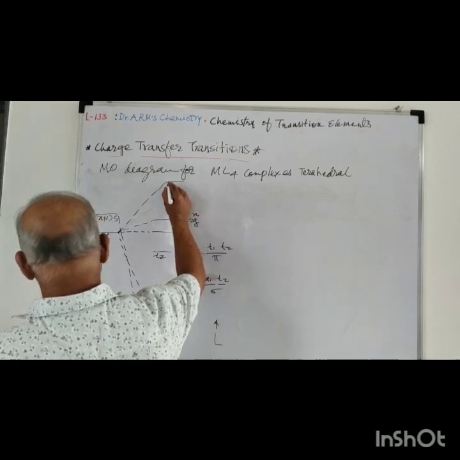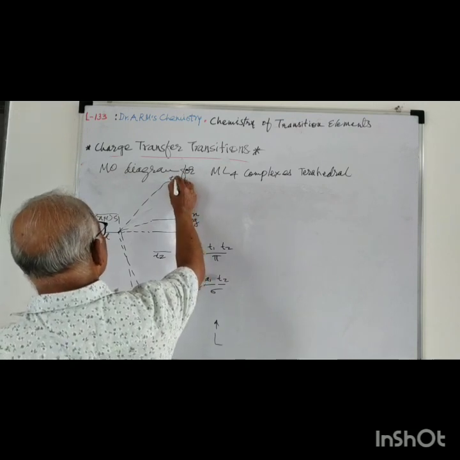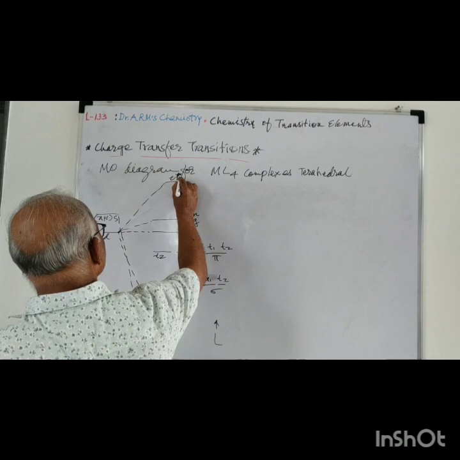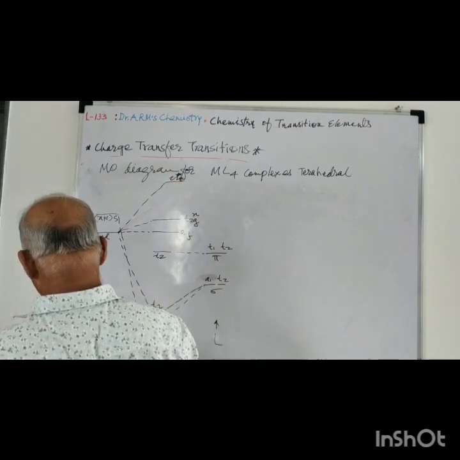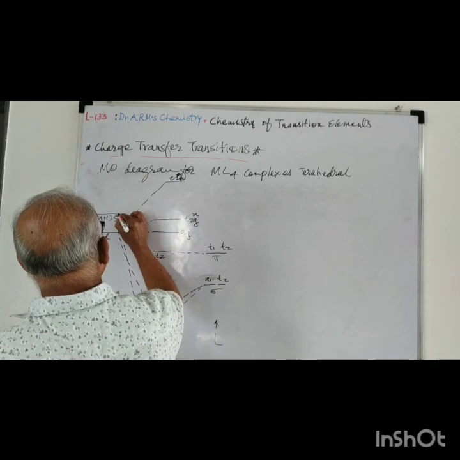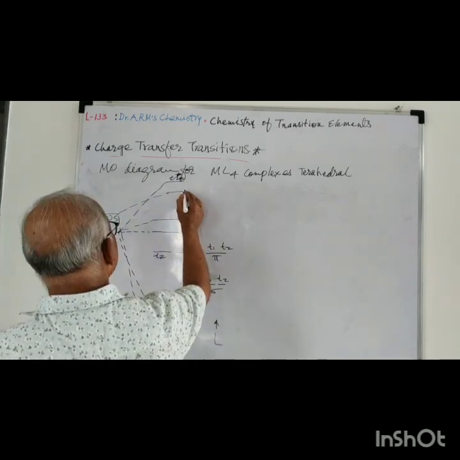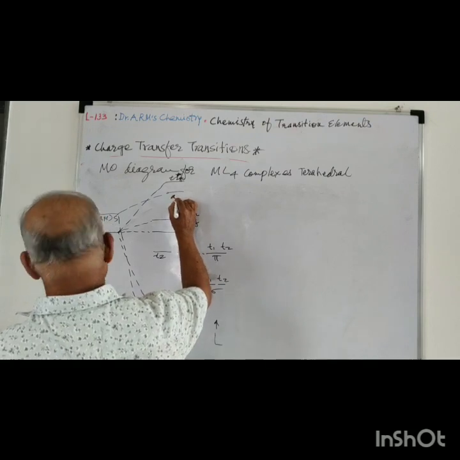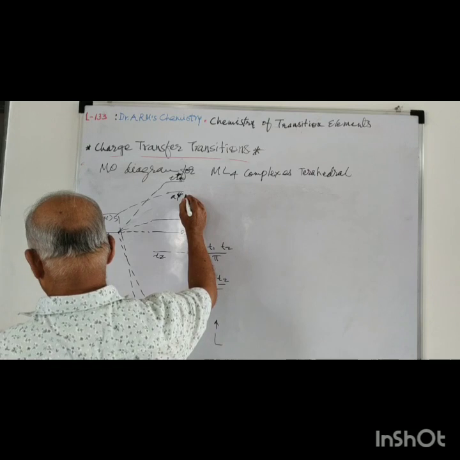These are T2G antibonding orbitals. Then the A symmetry orbitals antibonding, A1G star orbitals.